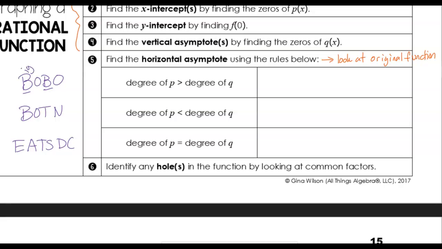We'll just shorten that down to big. Bigger on bottom. What do you think that O stands for? It's not actually an O. Bigger on bottom. What is our asymptote?